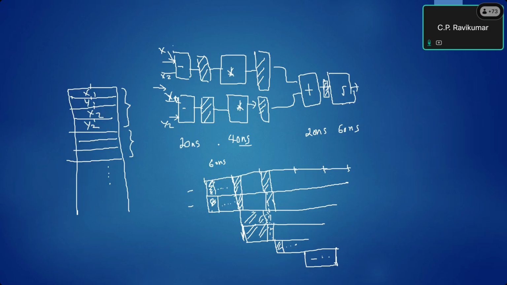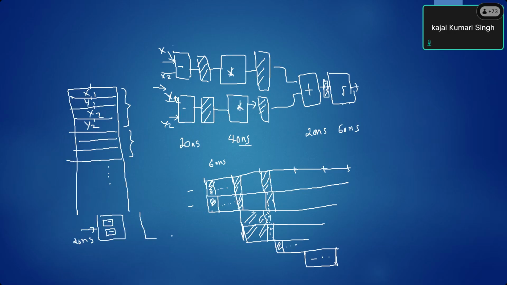So it's quite possible for people to think of different clocks. So there could be these two guys in one module, and subtractors could be in one module, which works at 20 nanosecond clock.